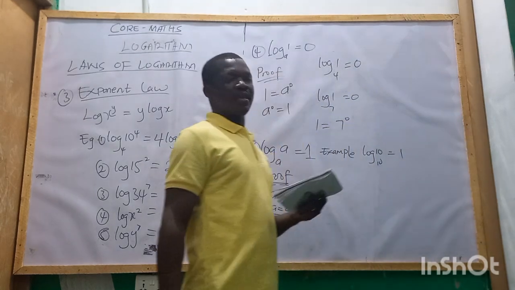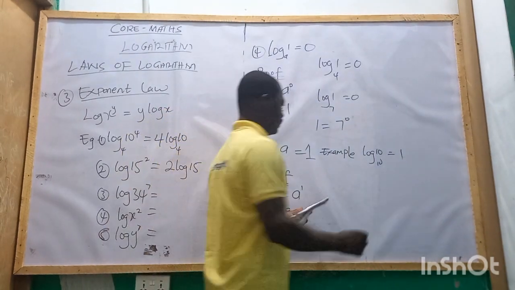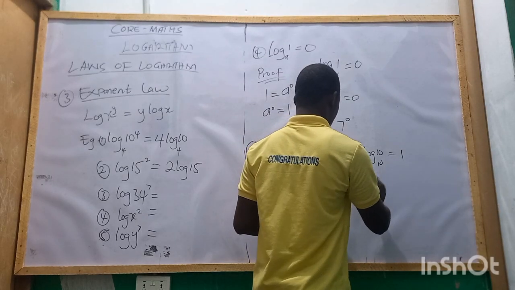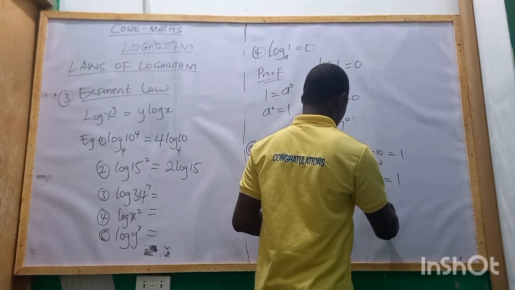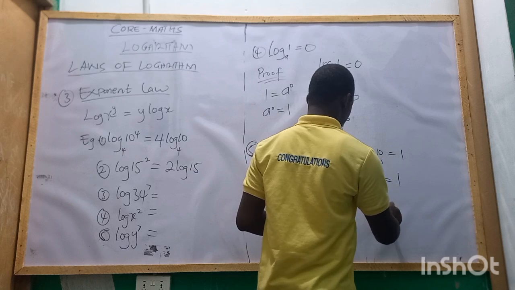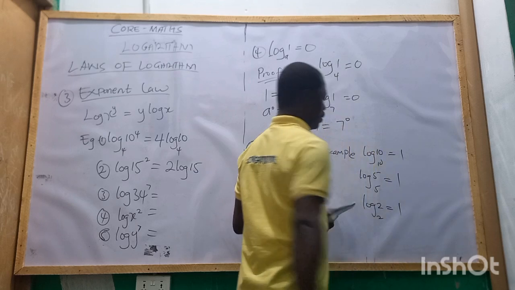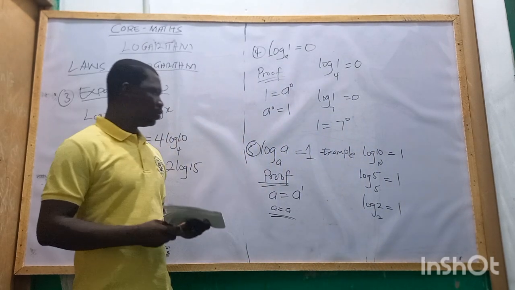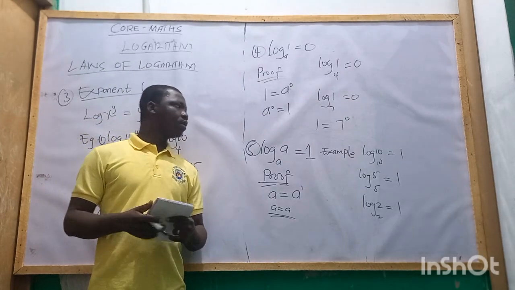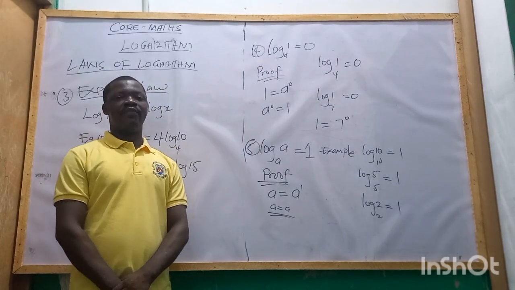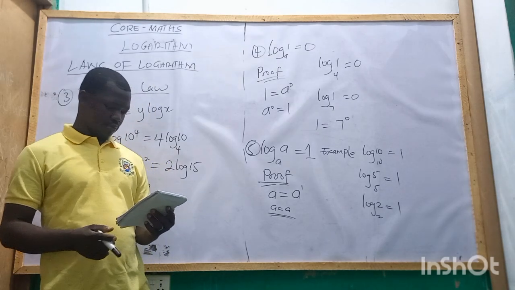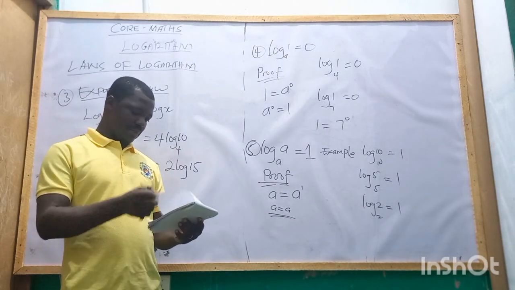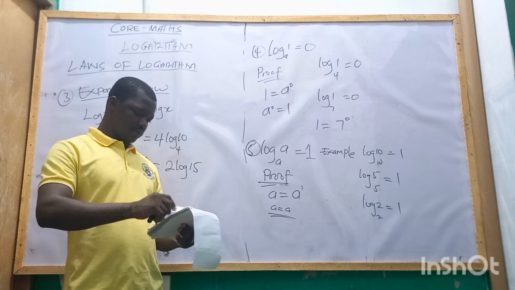Log 10 to the base 10 is what? 1. Log 2 to the base 2, 1. Log 5 to the base 5 is what? 1. Right. Okay. So let's take some examples.